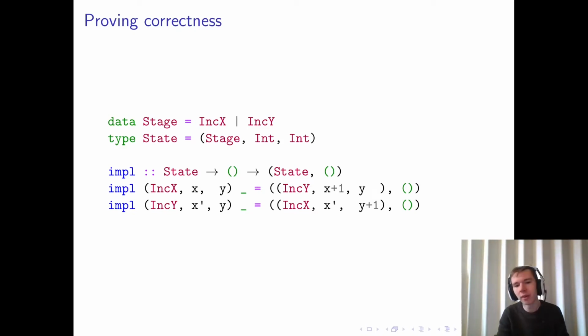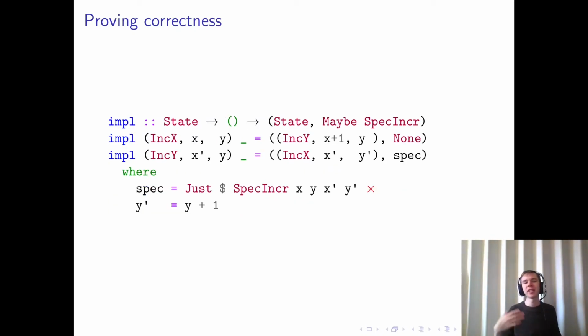Now, we try to synchronize our transition in this system with a full transition in the specification. As such, we've placed a maybe specification as the output, where if we increment x, we do not synchronize yet, as we haven't incremented y. In the next cycle, we increment y, and as such have done a full transition step. So we output just with our specification.